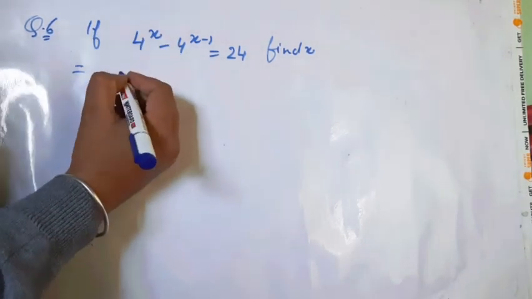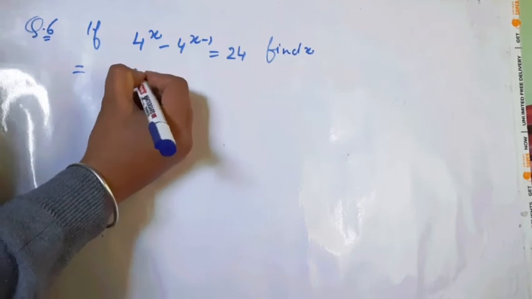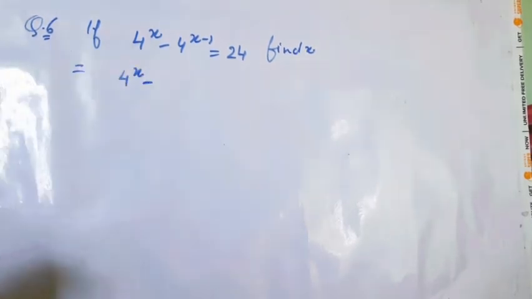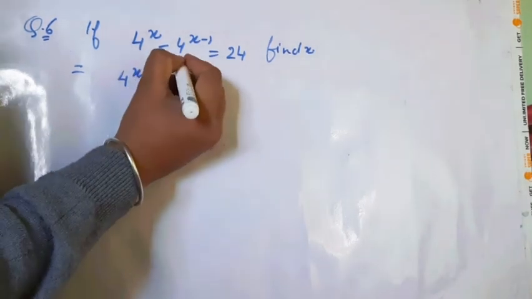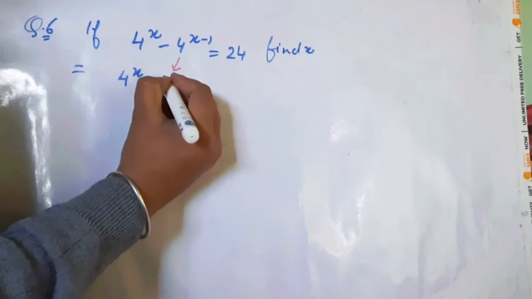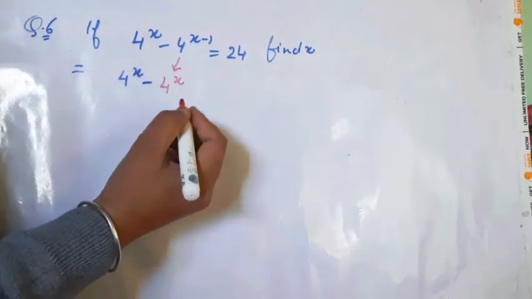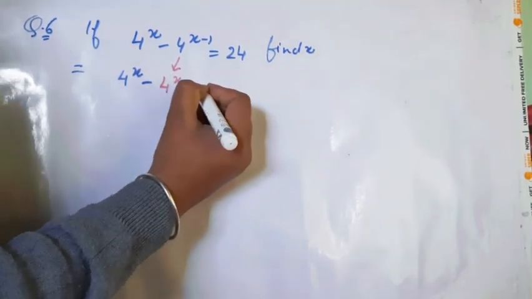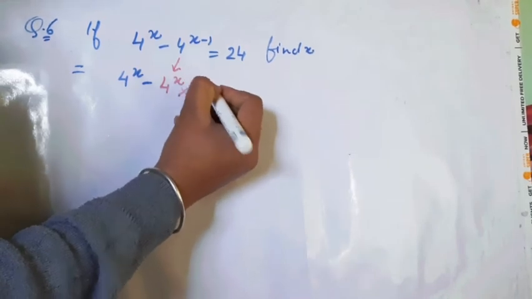This 4 raised to power x I am writing as it is, and remember this 4 raised to power x minus 1 can be written as 4 raised to power x multiplied by 4 raised to power minus 1.